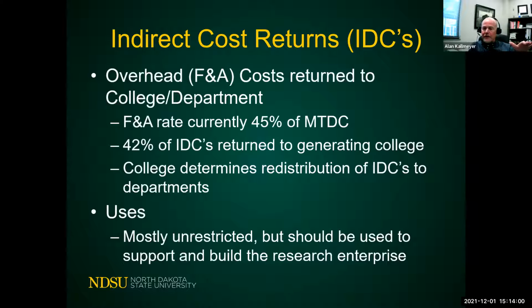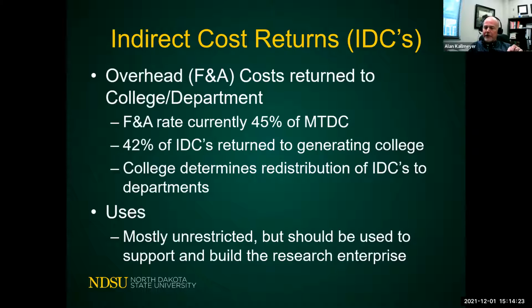The current rate that NDSU abides by is 45% of the total or modified total direct costs. So you figure out your direct costs associated with your grant and add 45% of that. That's your overhead, indirect, or facilities and administrative, F&A costs, all the same thing.